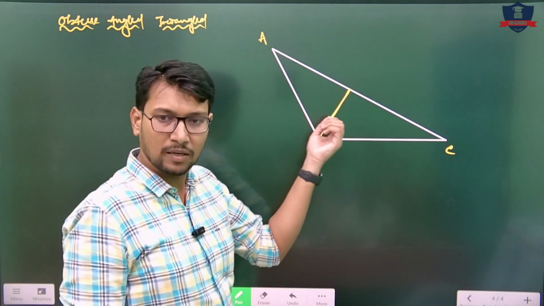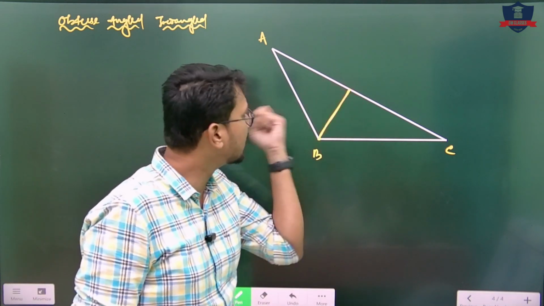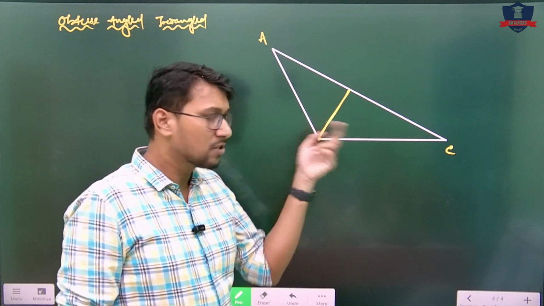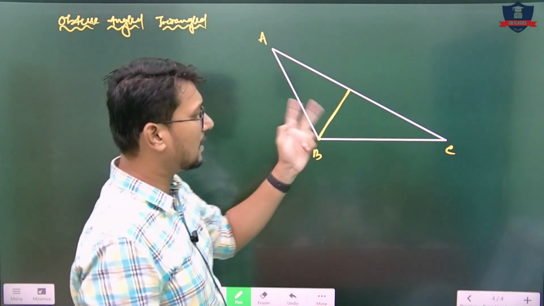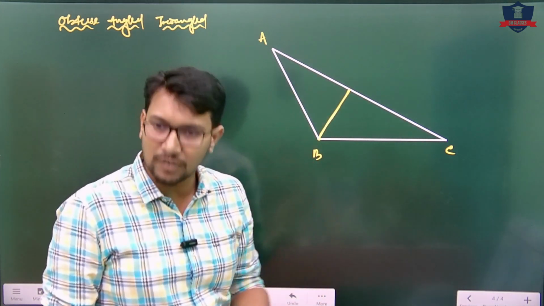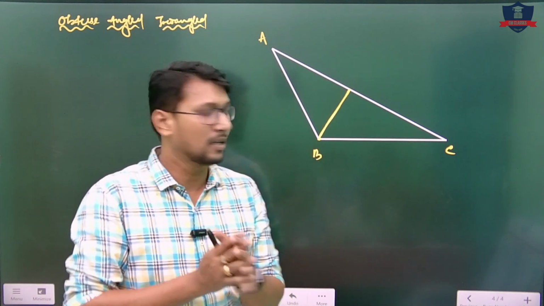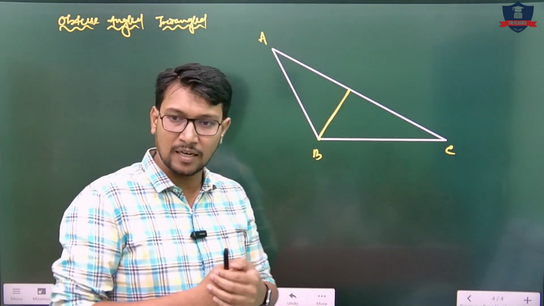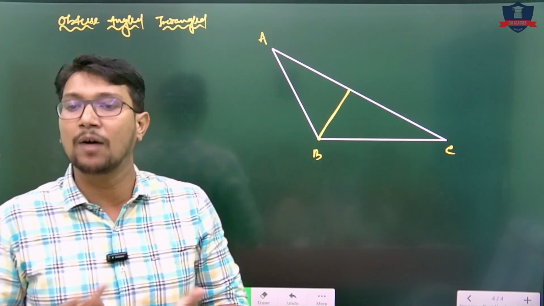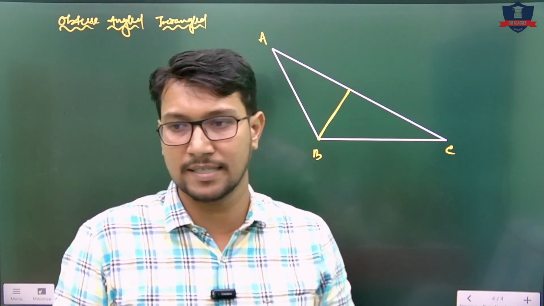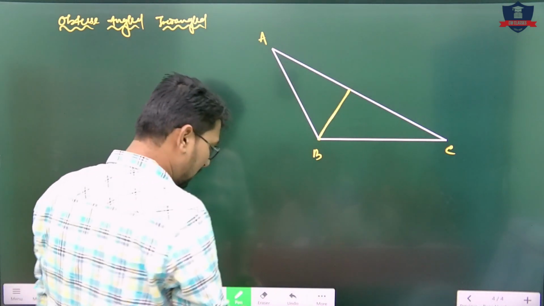This is the vertex, its opposite side is AC. Clear? So in an obtuse angle triangle, out of 3 altitudes, 1 is inside and the other 2 form outside of the triangle. Is that clear, everyone?